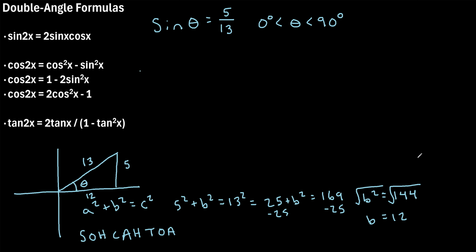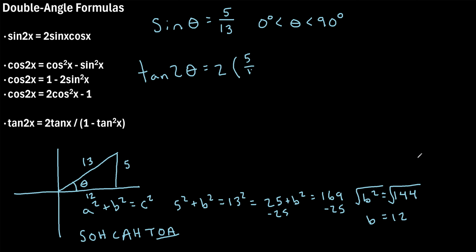All right, let's make a little room for our last one, the tangent of 2 theta. So the formula we can use here is 2 times the tangent of theta over 1 minus tangent squared of theta. So tangent is opposite over adjacent. So the opposite side is 5. The adjacent side of this angle is 12. So that's 5/12.